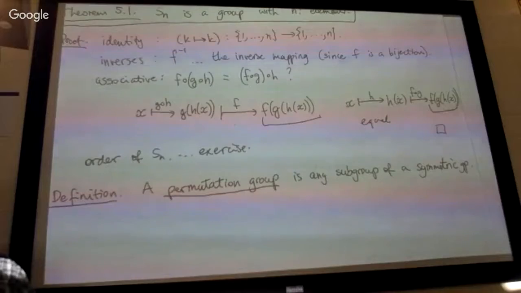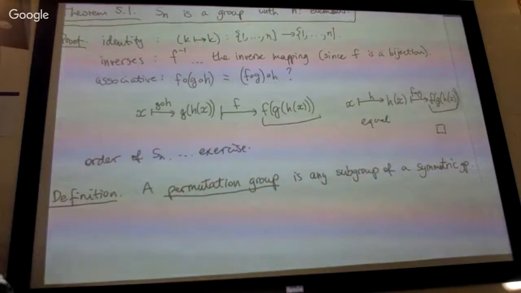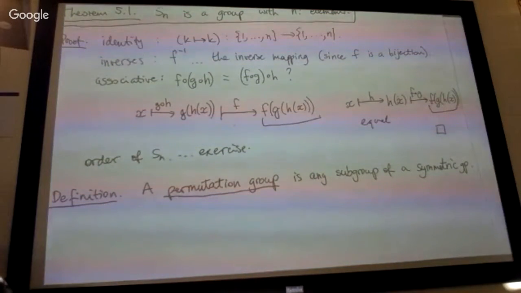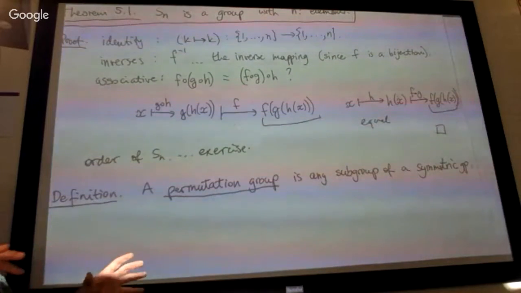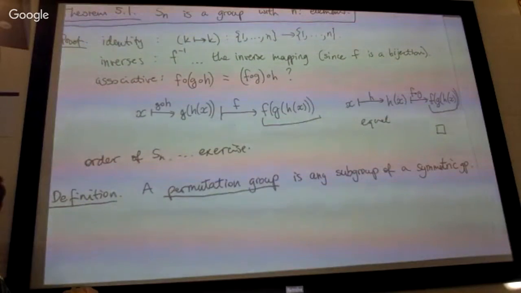Okay. So in a way, we'll see later that every group is a permutation group, kind of. But there is an important idea that I tried to stress before, that you should see the elements of a group as things that act on a certain set.